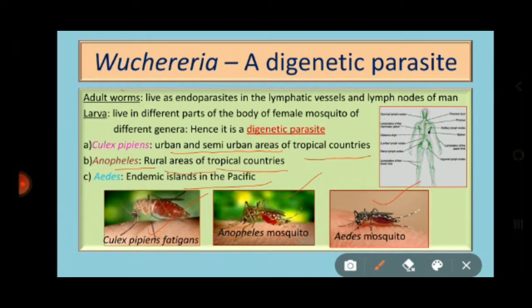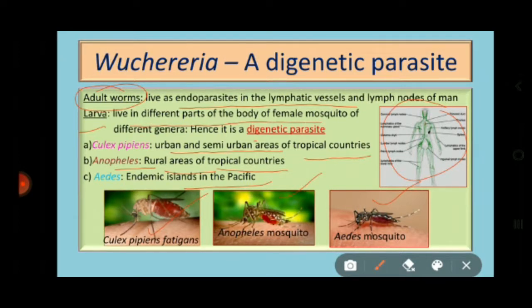So generally, the adult worms live as endoparasites in the lymphatic vessels and lymph nodes of man. In this figure, you can see various places where the lymphatic vessels and lymph nodes of man are present, whereas the larva live in different parts of the body of the female mosquito, especially the stomach.